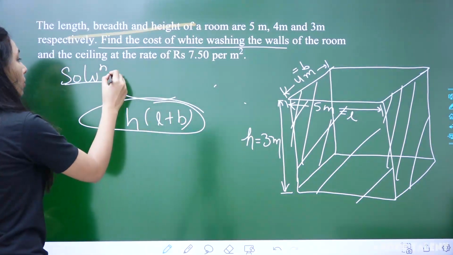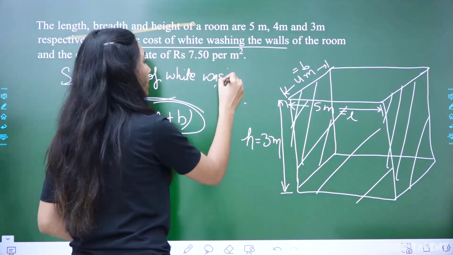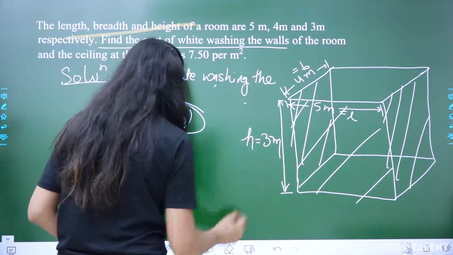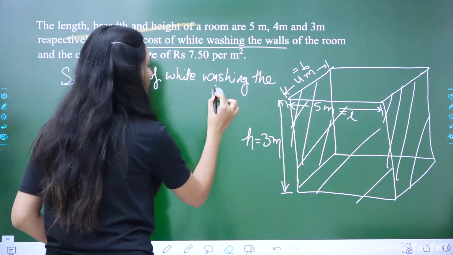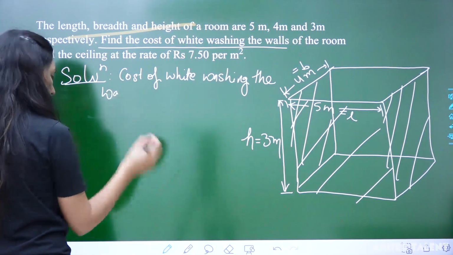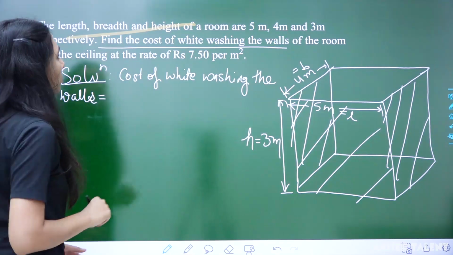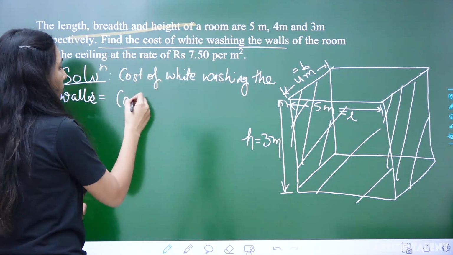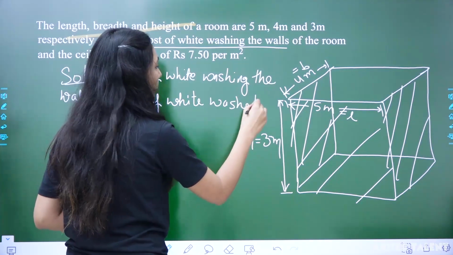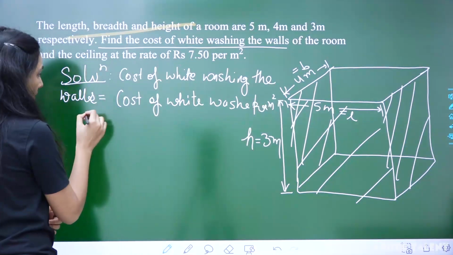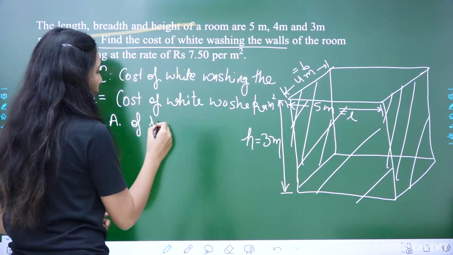So, cost of whitewashing the walls is equal to the cost of whitewashing per meter square multiplied by the surface area of 4 walls.